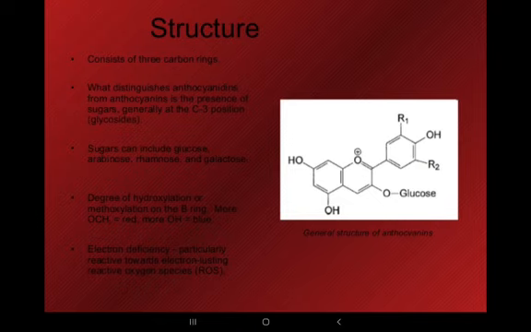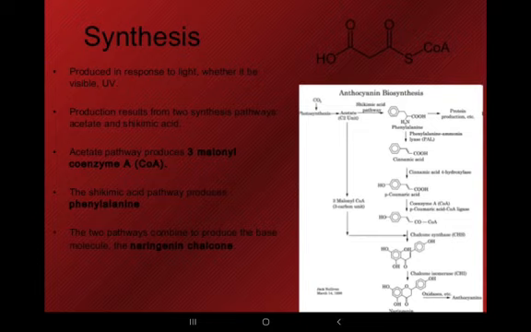Next, the biosynthesis. There are two pathways for getting anthocyanins: one is the acetate pathway, and the other is the shikimic pathway. They are produced in response to light, whether visible or UV. The production results from two synthesis pathways, acetate and shikimic acid.